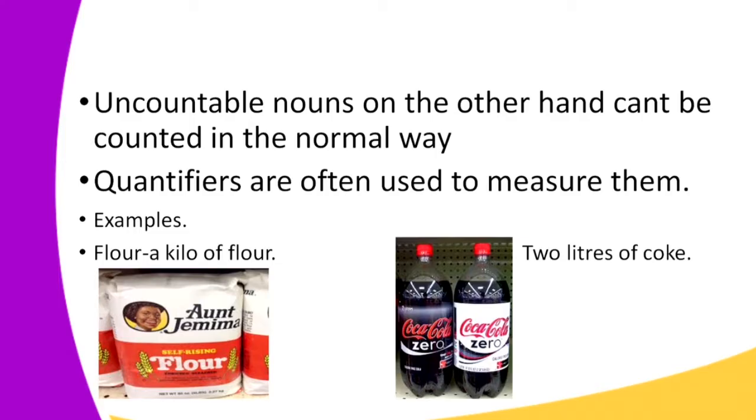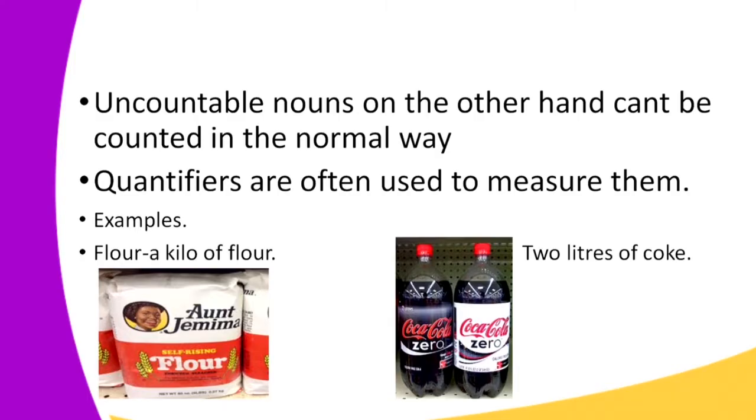For example, we can't say a sugar, we can't say a water, we can't say a flour, we can't say a milk. Now, in cases of uncountable nouns, we assign quantifiers. So, quantifiers are a way that has been devised to assign quantity to uncountable nouns.